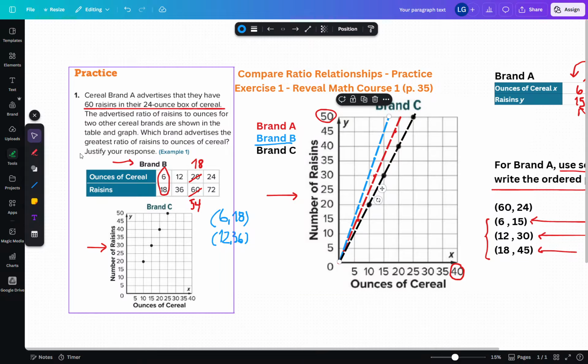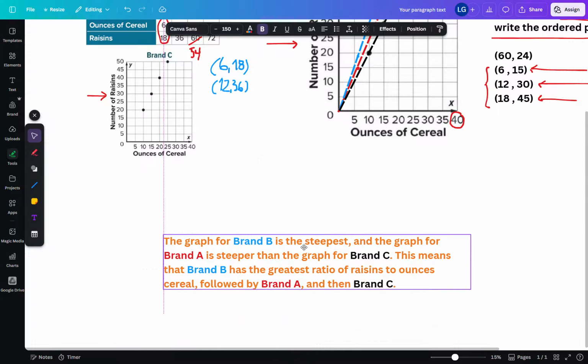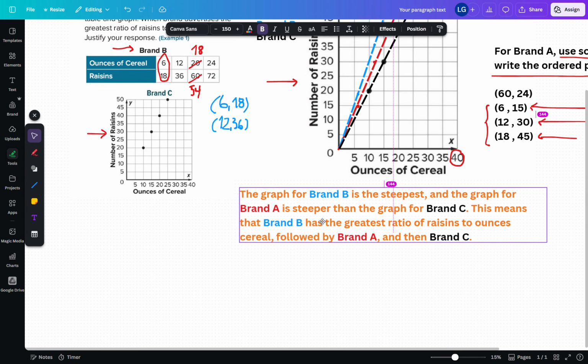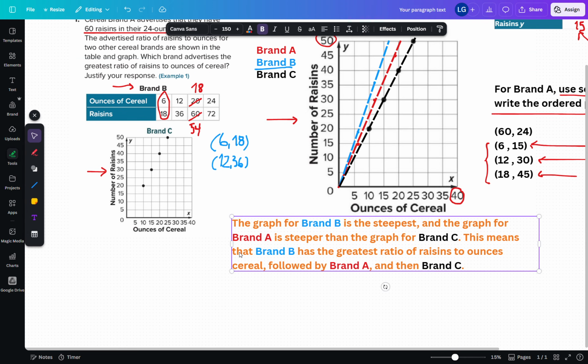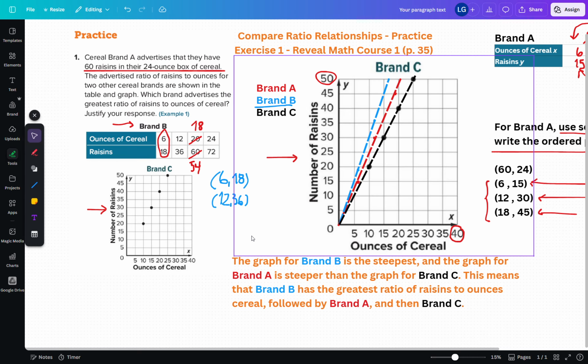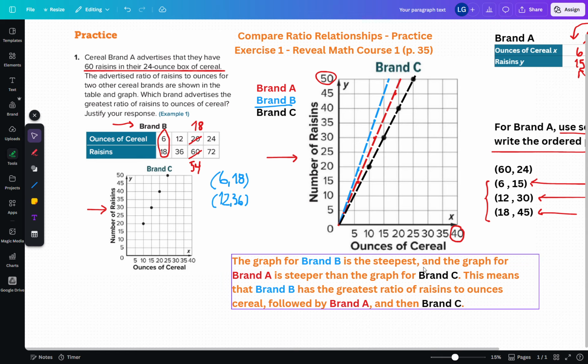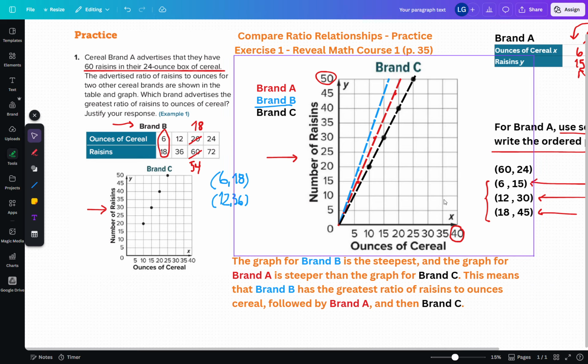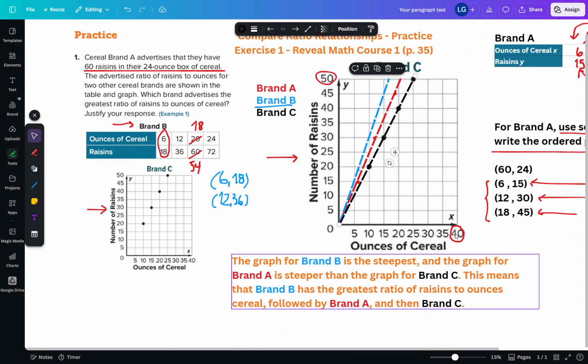Okay, now to justify our response, I have this prompt, and it says the graph for brand B is the steepest. If you notice, it's the steepest one. And the graph for brand A is steeper than the graph for brand C. Yeah, the red one is steeper than the black one.